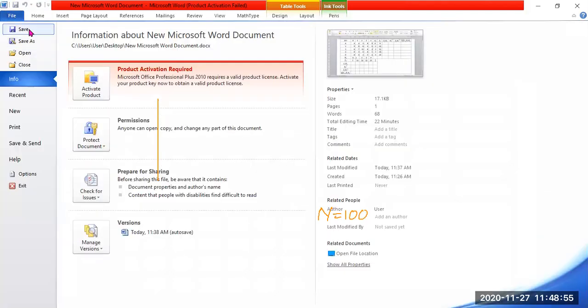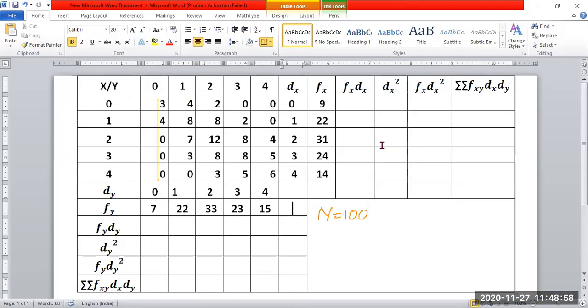Now let me go to the next one. N is equal to 100. Next, you should multiply fx into dx. Here we go: 9 into 0, 0. The next one, 1 into 22, that is 22.